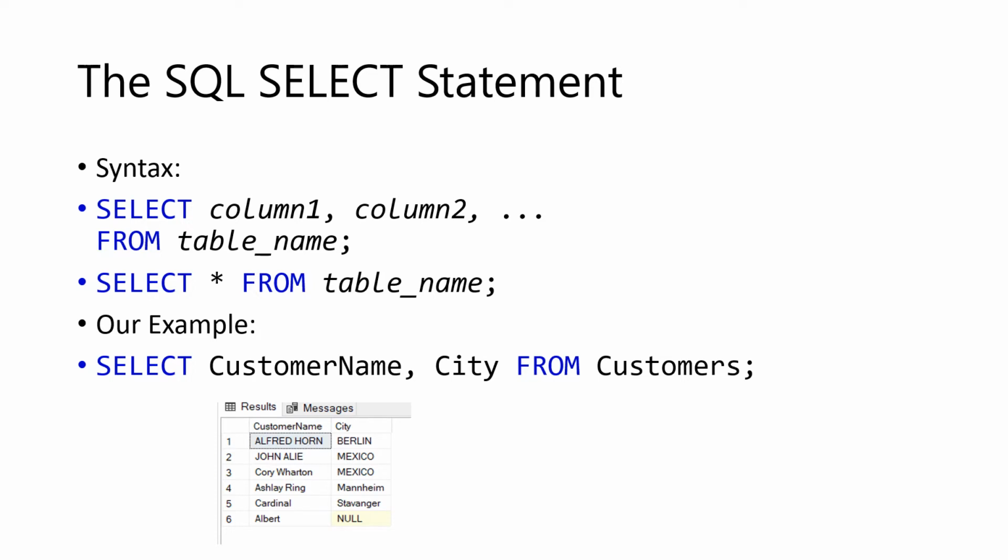For example, we have a customers table and we want to get the columns customer name and city. I am highlighting these column names. For that purpose, we will write SELECT customer name, city FROM customers. This is the whole select statement, and here are the results of this select statement.